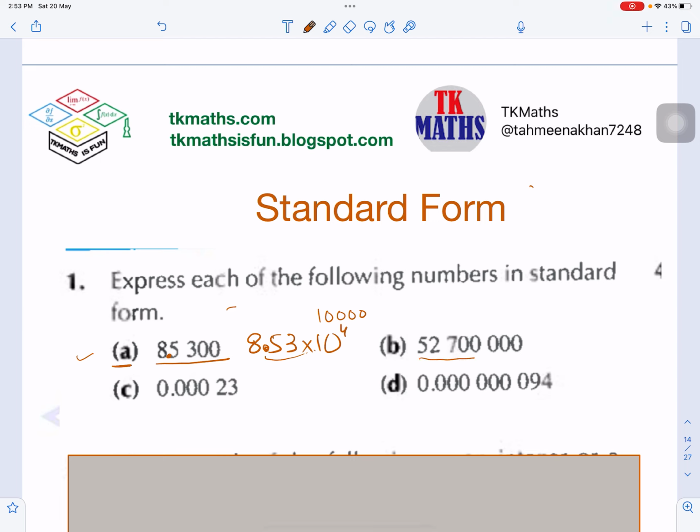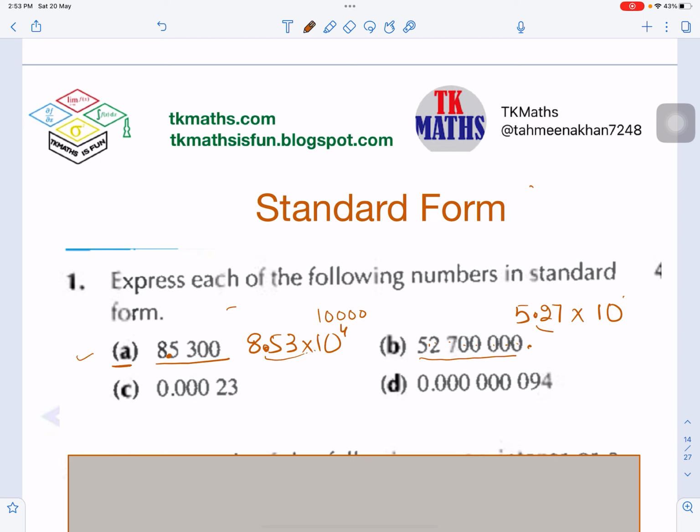So now let's do this one. Right now the decimal is here. You want to change it into standard form. So this will become 5.27 into 10 power what? That you have to decide. So again, how many places should this decimal go to the right? If it is here, 1, 2, 3, 4, 5, 6, 7.